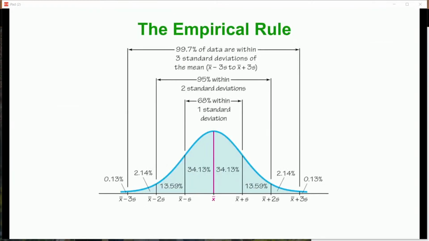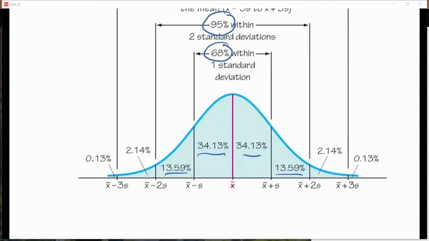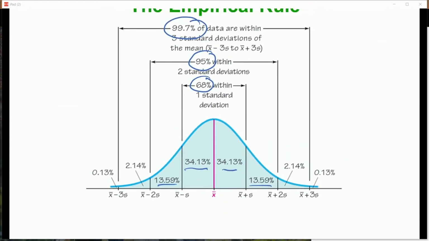Okay, so this is just a reminder of the empirical rule, and I know this is more complicated than what I told you before. The important stuff are these numbers: 68, 95, 99.7. Just a quick reminder. You might wonder, where did those numbers come from? Well, those are the actual numbers. We're going to be learning about how to compute those numbers next Monday.